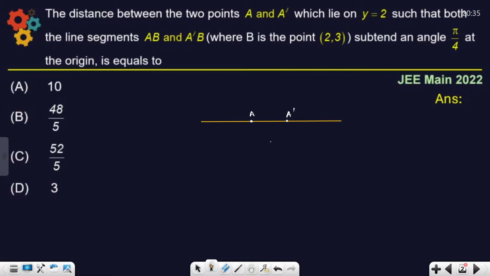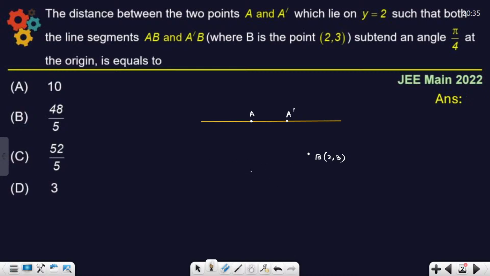Now, what they're saying is that there is a point B, whose coordinate is given to us as (2, 3). Right?